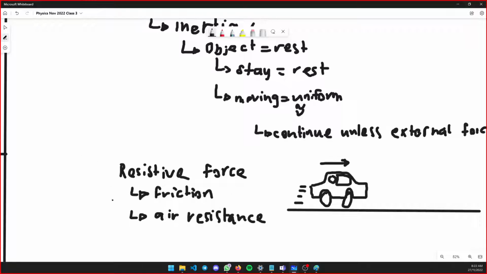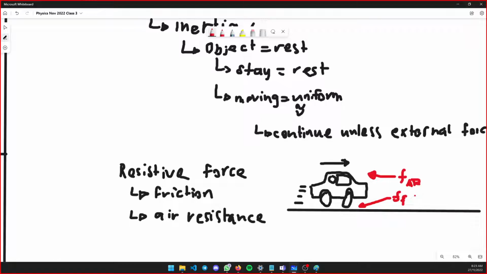But there will be two forces acting on it, which are most likely friction here and also air resistance here. There will be friction due to the force applied by the ground and also air resistance here. Air resistance, I'll just write AR.